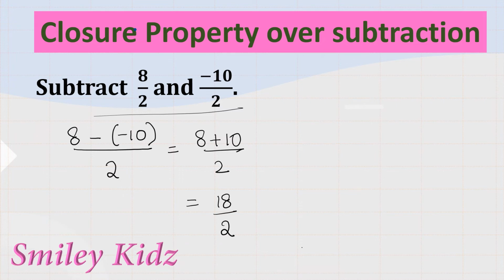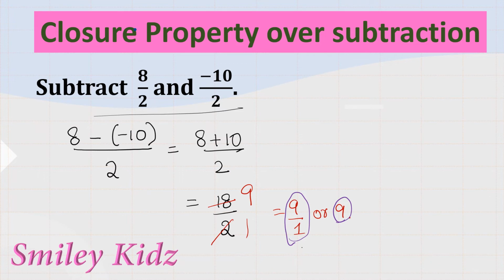We can simplify this: 2 times 1, 2 times 9, which is equal to 9 by 1 or 9. So, is 9 by 1 or 9 a rational number? Yes, it is.